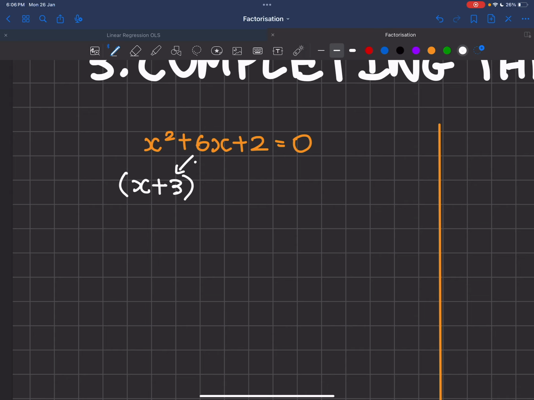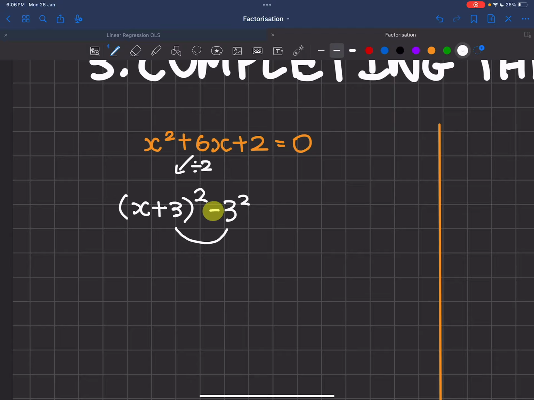So we see that 6 is halved. First step is to divide by 2. Okay. So x plus 3, the whole thing squared. Then what do we do next? Minus the 3 squared. So we bring the 3 and we minus it.